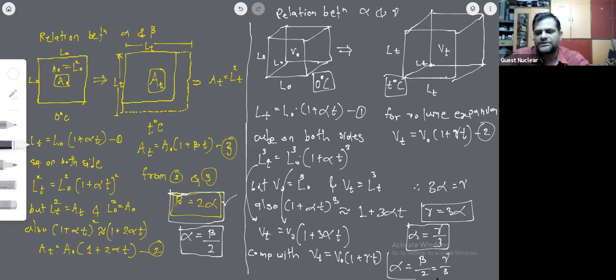Okay, so this is the relationship between alpha, beta and gamma.